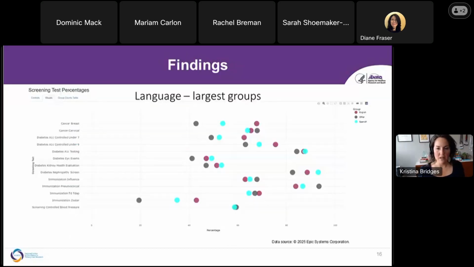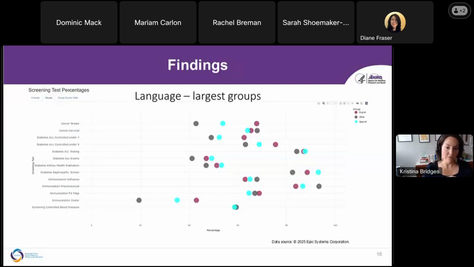Okay, here's an example of how our quality measures can be stratified using language. As I mentioned before, the 2 largest groups are the English-speaking population, which is the pink dot here, our Spanish-speaking population, which is the aqua dot, and then all other patient languages grouped together with the gray dot. On the bottom, I know it's really small to see, but we have the scale from 0 to 100%.